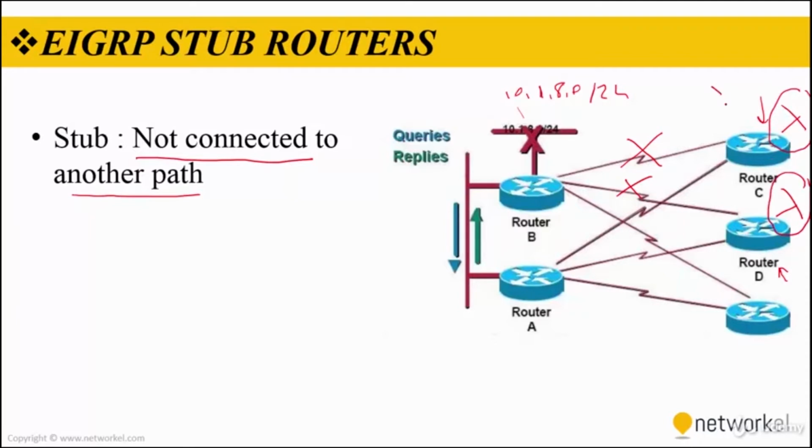We can define these as STUB routers, and whenever a query message is tried to be forwarded here, router C says, don't send me any query message because I don't have any path that you don't know.